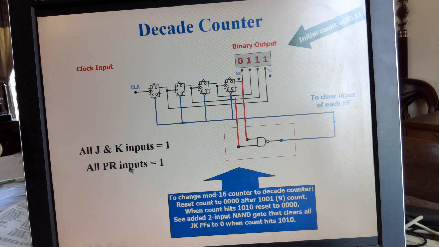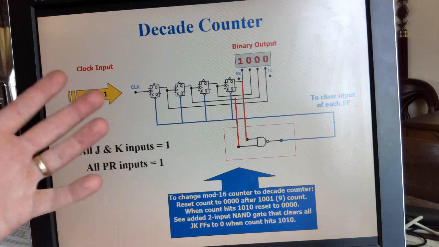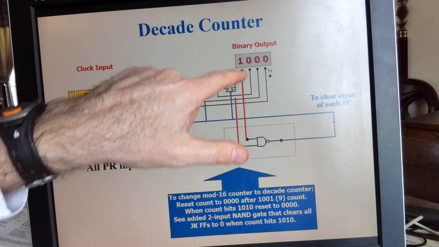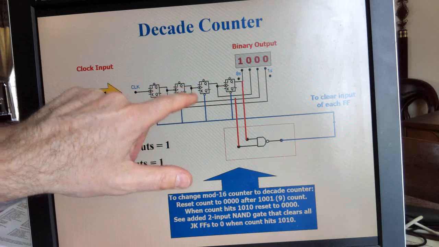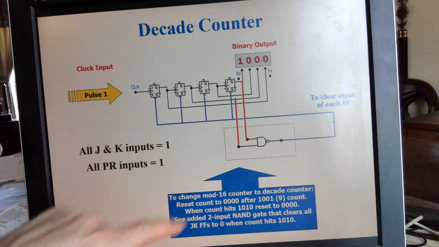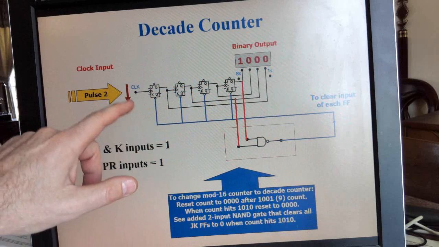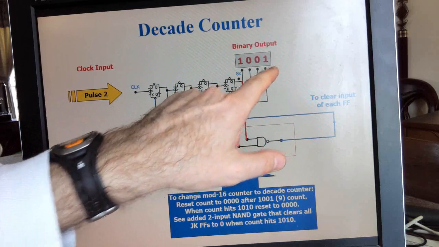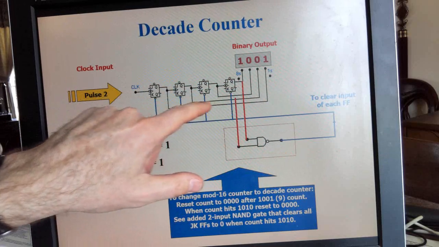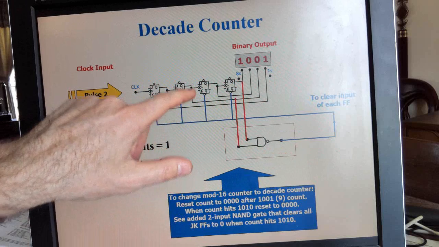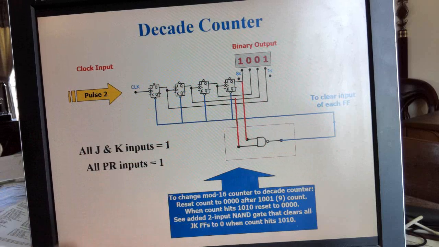So on the next clock pulse, we went to 8. And when we have an 8, we have a 1 here, but since this one's still at 0, we're not going to clear it yet. So our next clock pulse is going to take us to 9, right? So we still have a 1 here, but we still have a 0 here. We're looking for this 1 here, which will reset this whole thing. So we're at binary 9 right now.